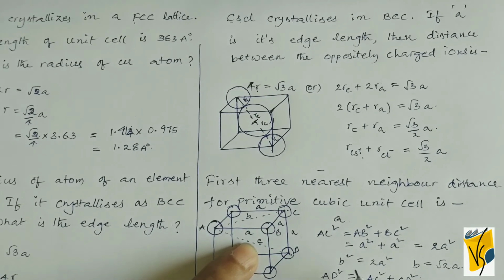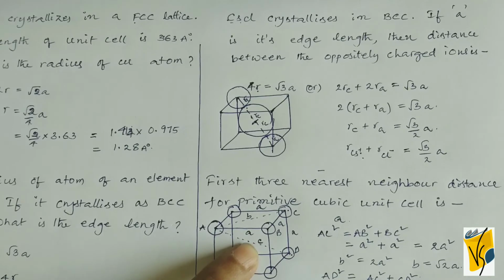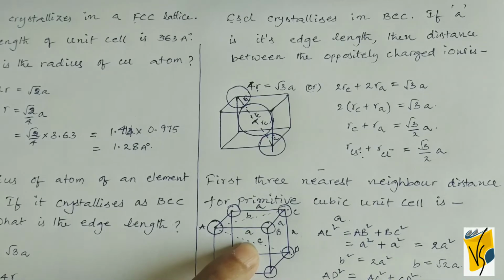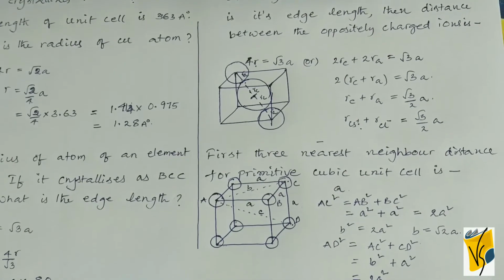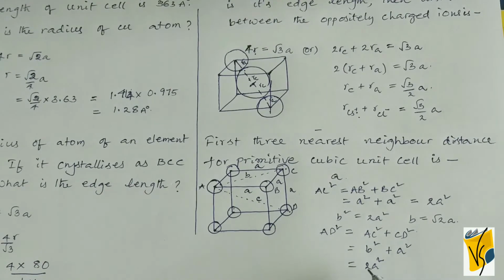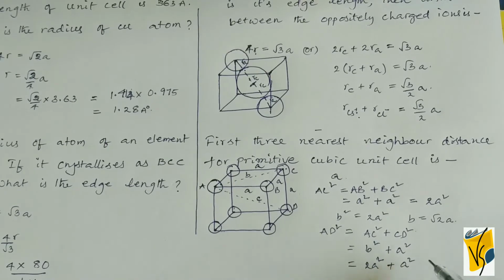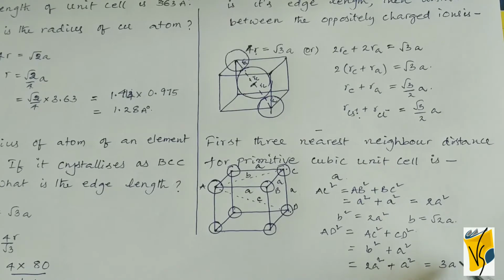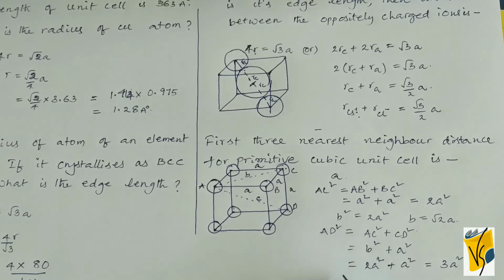So B square is equal to what? 2A square. B square is equal to 2A square plus CD square, that is equal to A square. So that is again equal to 3A square, or AD square is equal to C square.